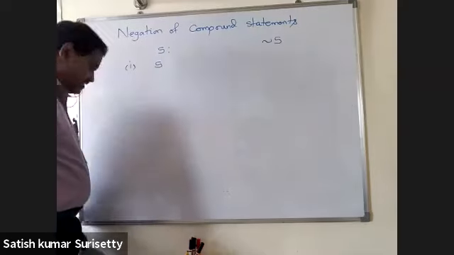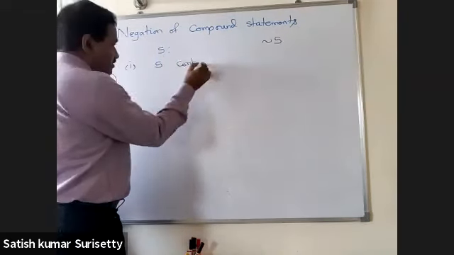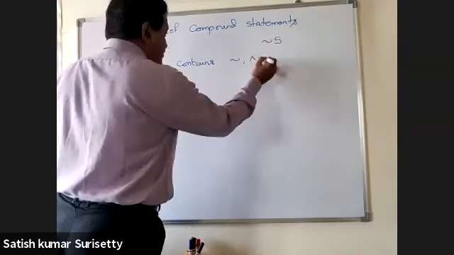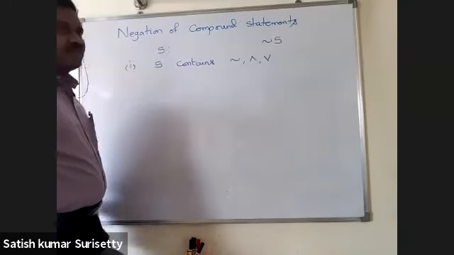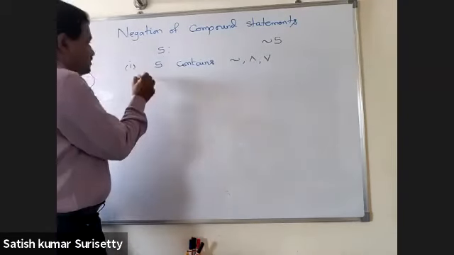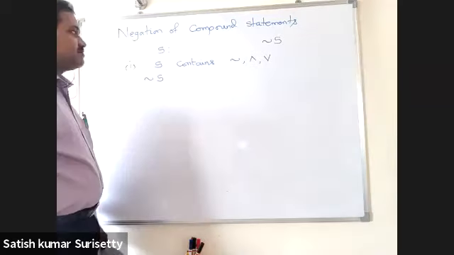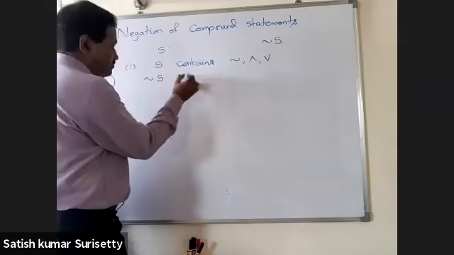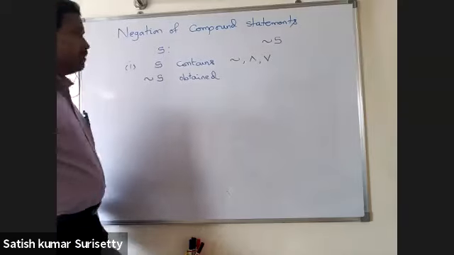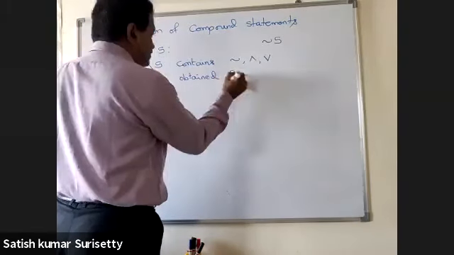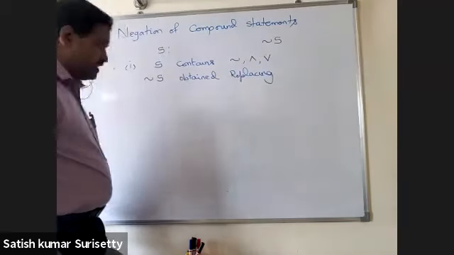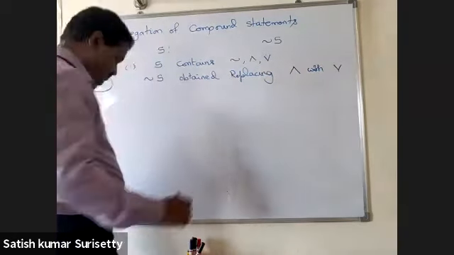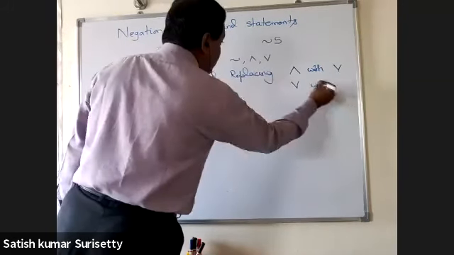if the compound statement S contains negation, conjunction, disjunction, then the negation of the compound statement can be obtained by replacing and with or, or with and.